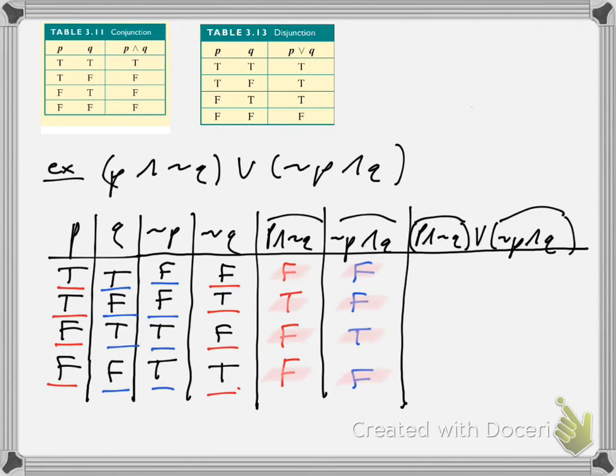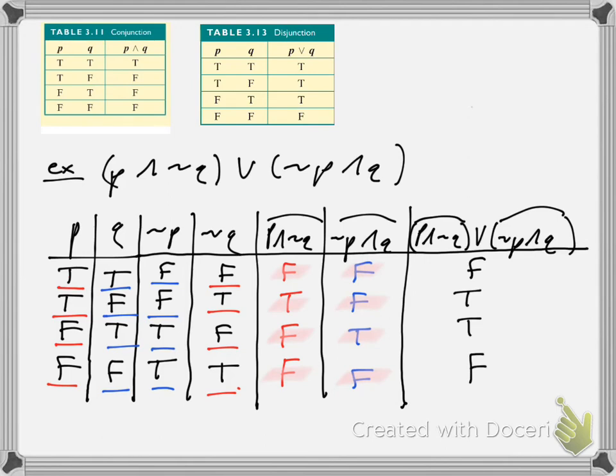I know this is complicated, but it's not horrible if you get used to the symbology. So false or false is false. True or false is true, because remember with or, only one or the other or both has to be true. False or true is also true because there's at least one true. False or false is also false. So there's my overall truth table.